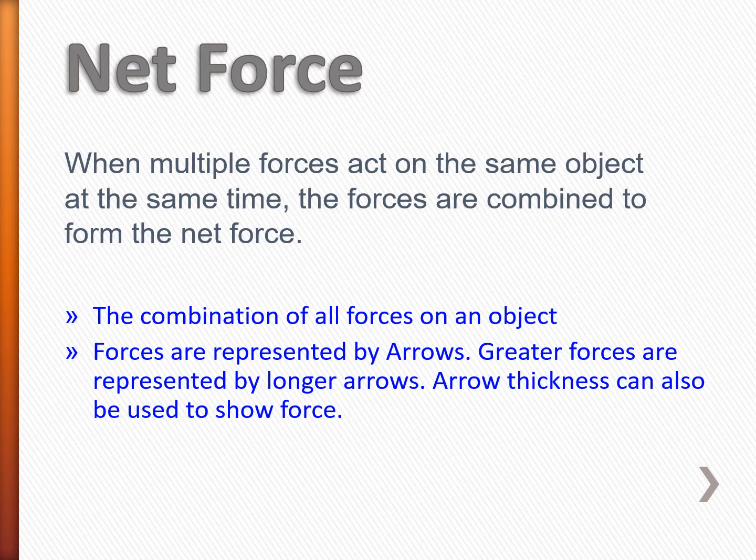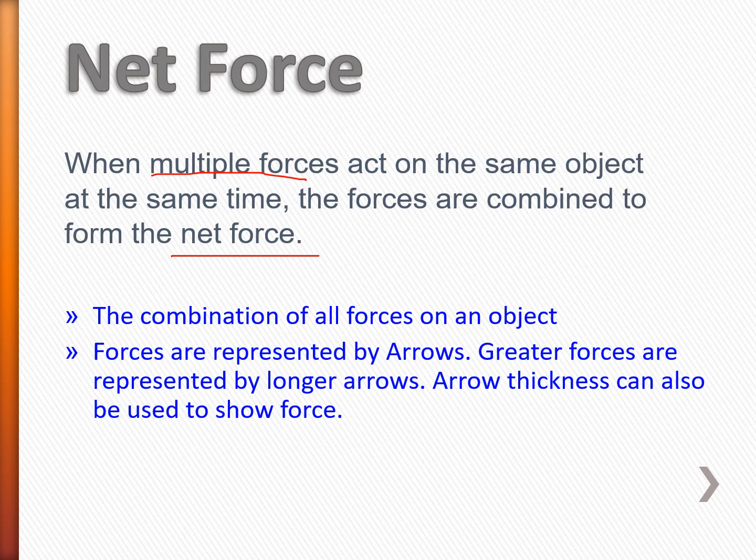I told you a while back that there are a lot of forces that act on the objects around us. So, when multiple forces act on the same object at the same time, the forces are combined to form a net force.